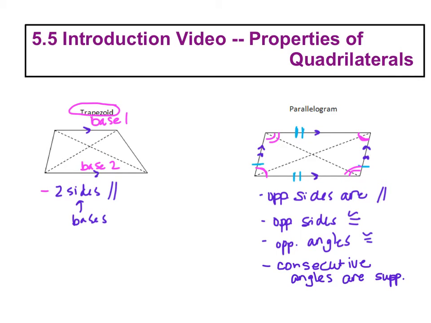So what consecutive angles means is they're basically right in a row, so consecutive. So this top left is supplementary with the one next to it. Those will equal 180 degrees, and it's supplementary to the one next to it on the other side. Those are consecutive. I can't skip an angle and go to the next one, so consecutive angles are supplementary.